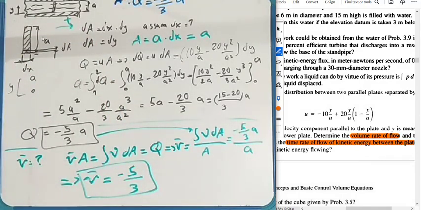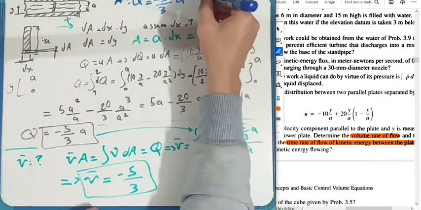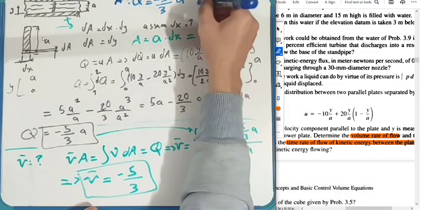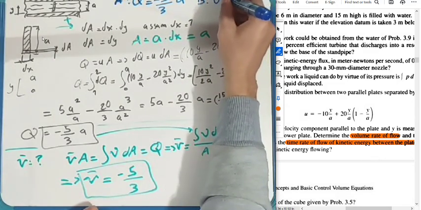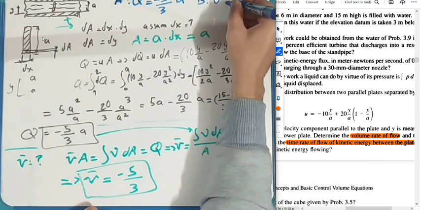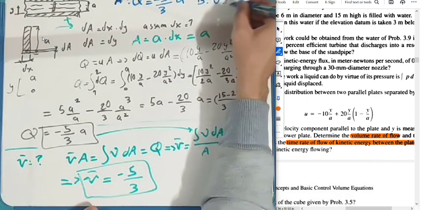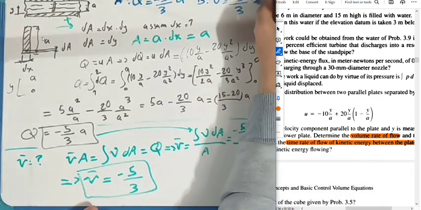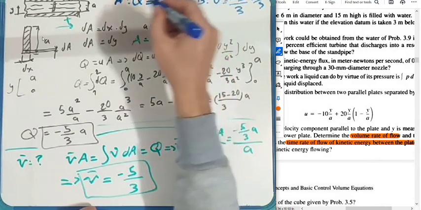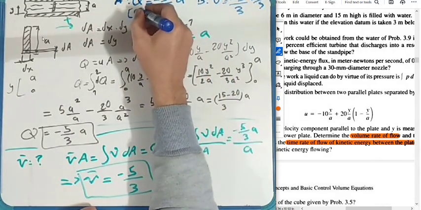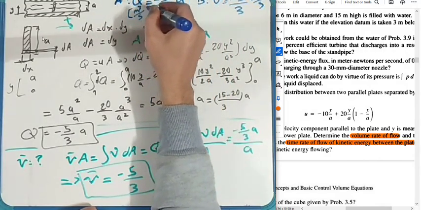So v bar, the average velocity, equals minus 5/3 meter per second, and this is meter cubed per second.